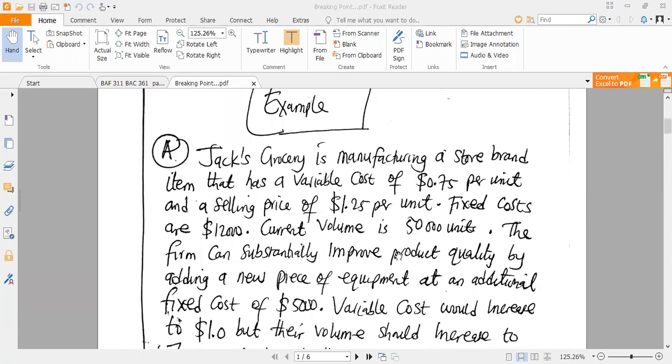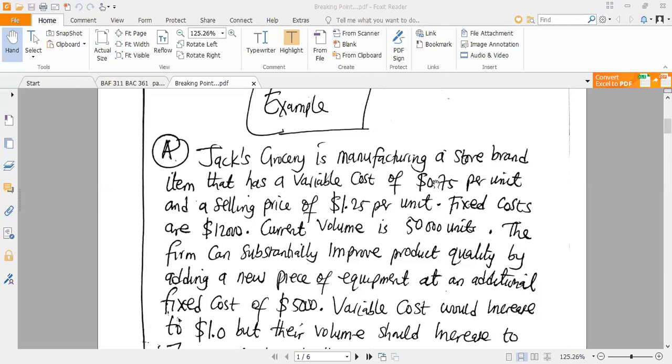The example says Jack's Grocery is manufacturing a store brand item that has a variable cost of $0.75 per unit and a selling price of $1.25 per unit.